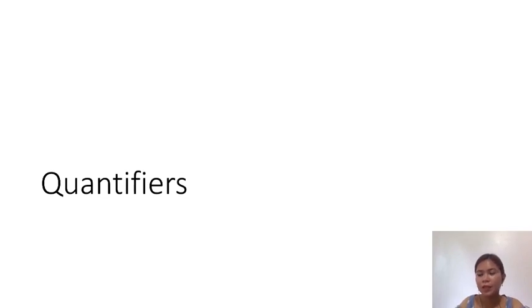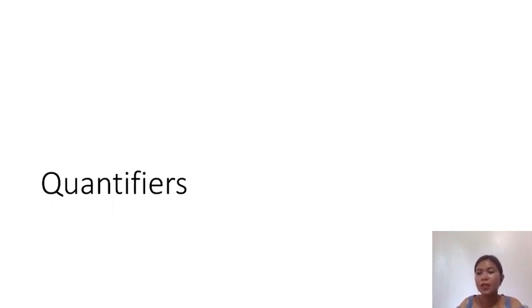Okay, now let's proceed to the subtopic of this discussion, which is the quantifier. We already know that when variables are assigned values, it becomes a proposition with a truth value.